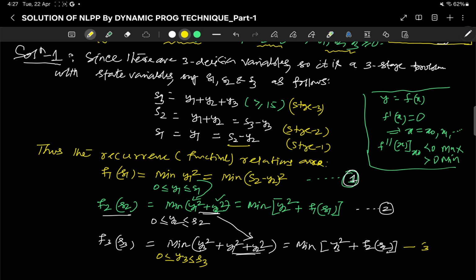Let it be equation 3, where the variable is y3, with range 0 less than or equal to y3 less than or equal to s3. So these are the recurrence or functional relations. Now we start solving these relations, starting with f2(s2).